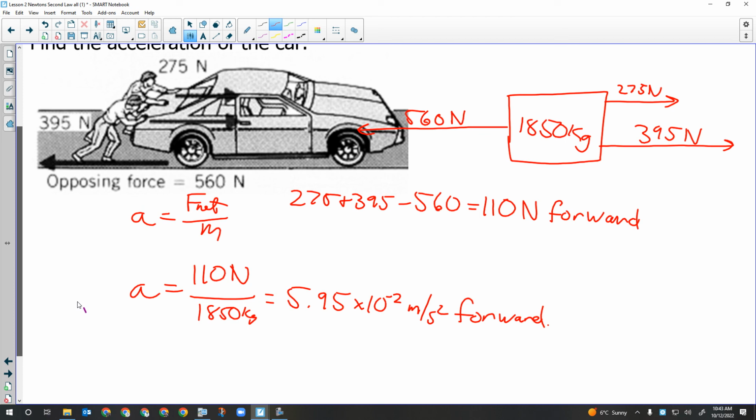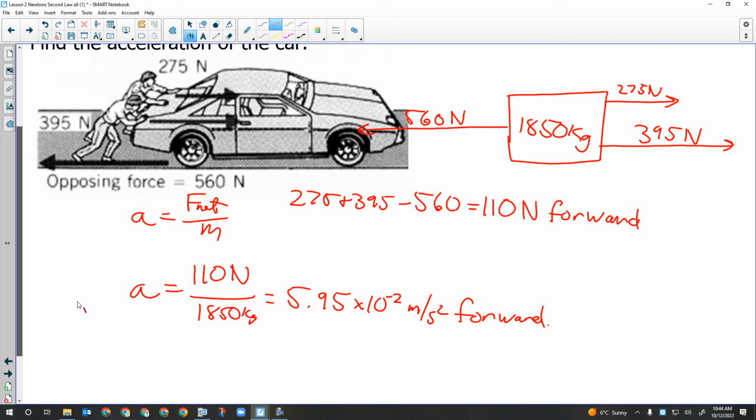Sometimes you'll have to figure out what the net force is and then work backwards to find a missing force. Okay? This question could have just as easily said, the final acceleration of the car is this, and the pushing forces are this and this, calculate the force that opposes. Okay? And then I would have worked backwards.